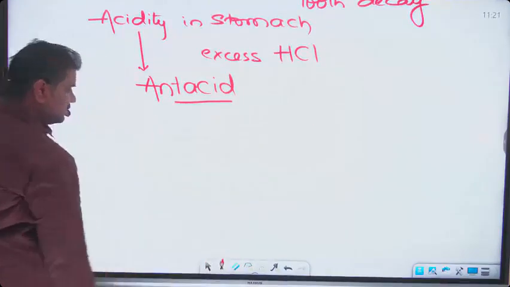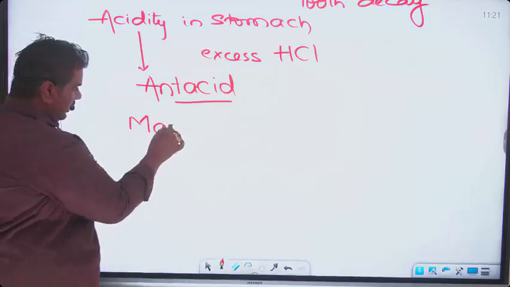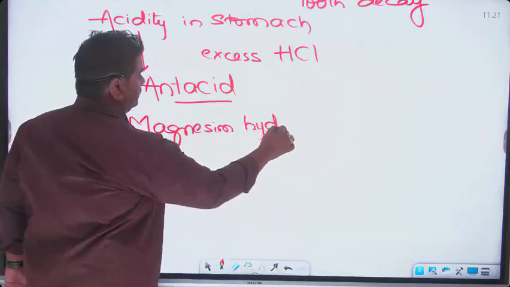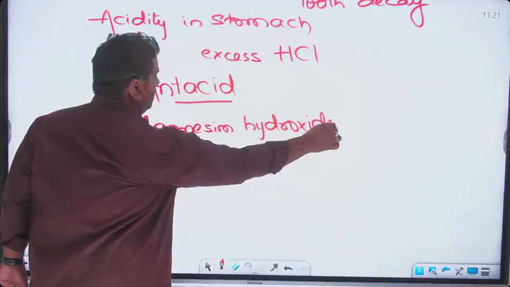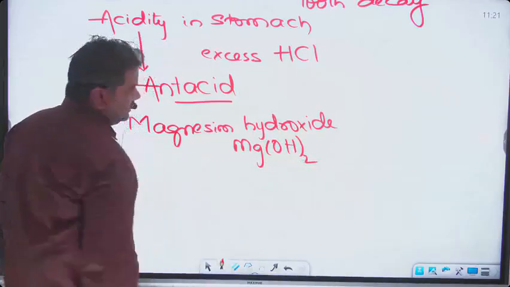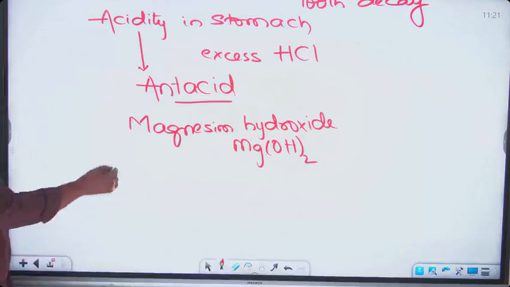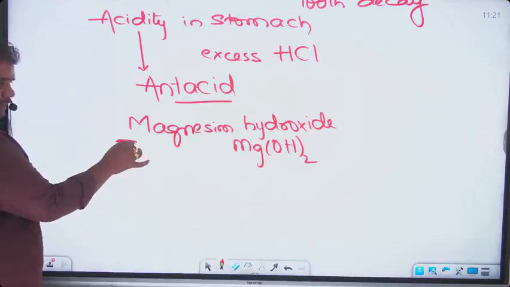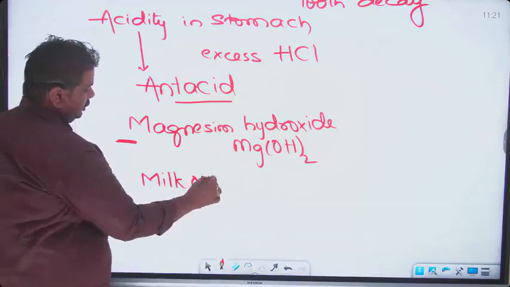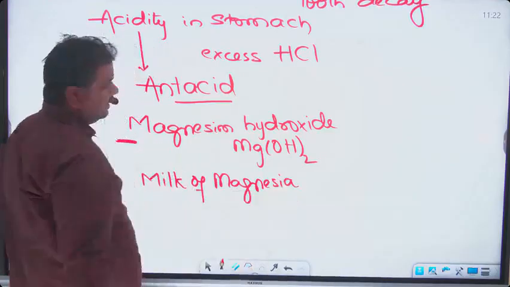Antacids are used, like magnesium hydroxide, formula Mg(OH)2, which is also magnesium hydroxide, and the common name is milk of magnesia. Milk of magnesia is used as an antacid.